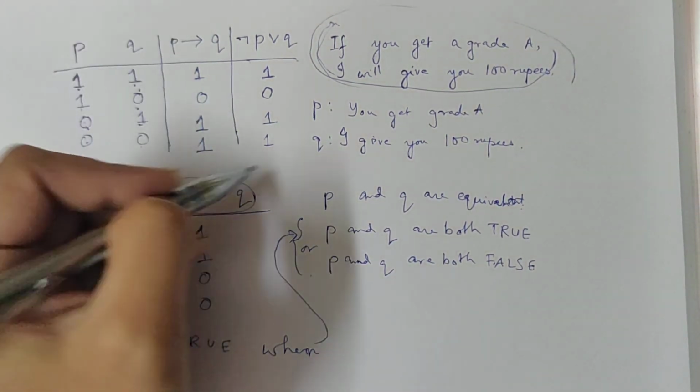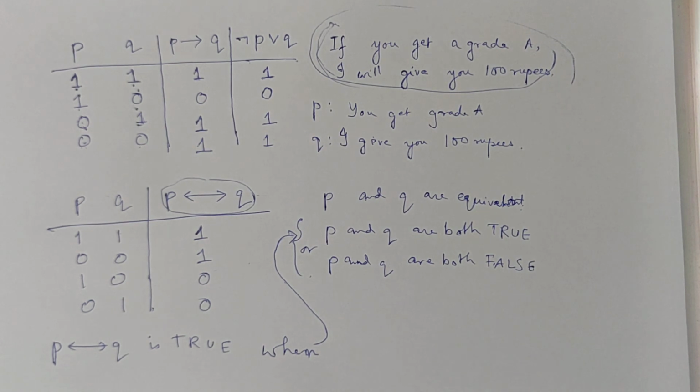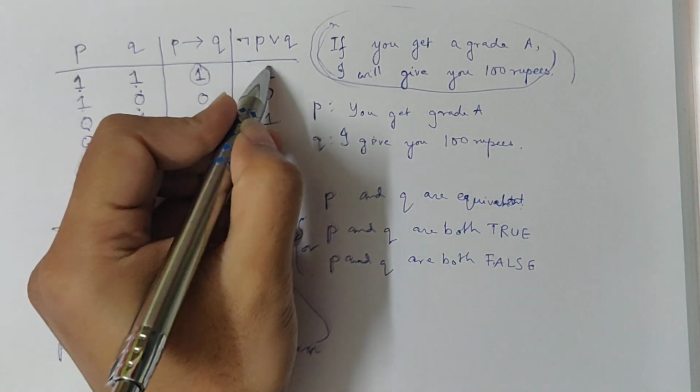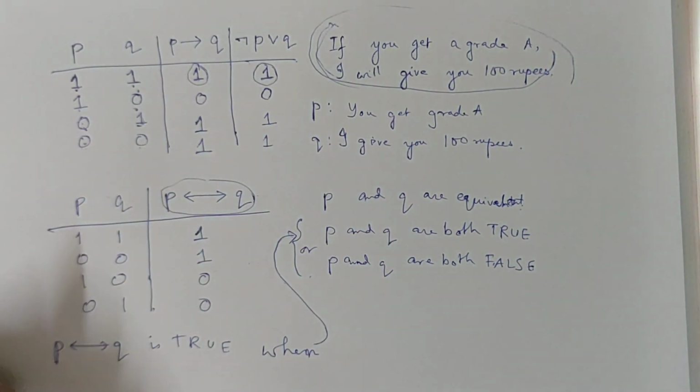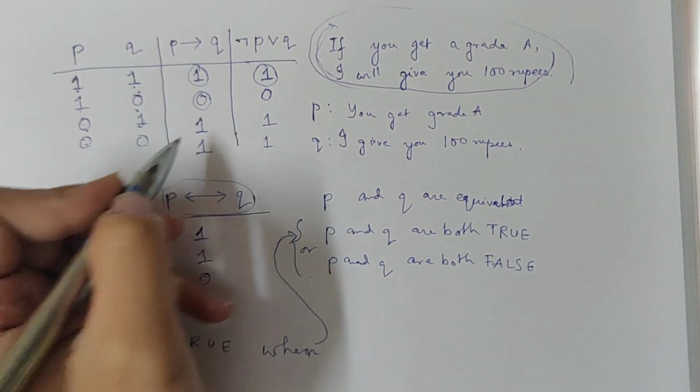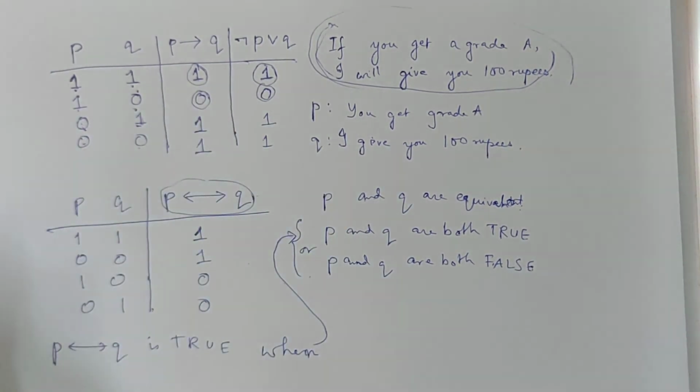What can you comment about these last two columns? When this statement is true, this is also true. When this statement is false, this statement is also false.